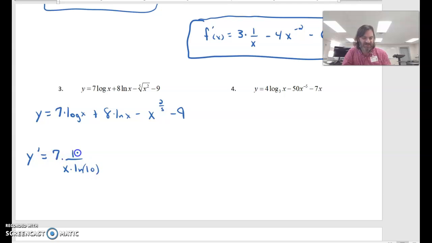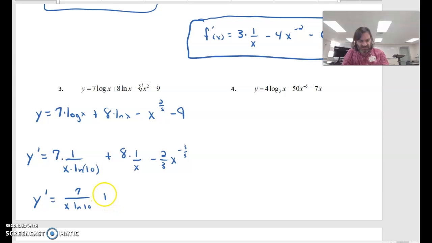So 7 times 1 over x times the natural log of 10 plus 8 natural log of x will turn into 8 times 1 over x, and then minus the derivative of x to the 2/5, that's a power rule, so minus 2/5 x to the negative 3/5, and the minus 9 goes to 0, so I'll rewrite it just a little bit to clean it up a little bit. So 7 over x natural log of 10 plus 8 over x minus 2/5 x to the negative 3/5.